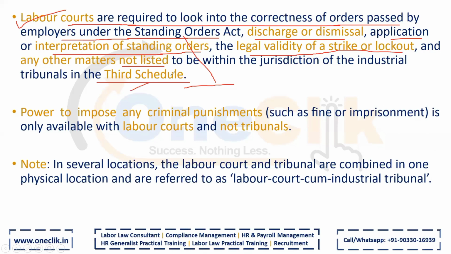Apart from this third schedule of ID Act, all matters like discharge, dismissal, individual, all will come to the labor courts. Power to impose any criminal punishment is only available with the labor courts and not with the tribunal. Such fine or imprisonment penalty, you can say, they have the power.